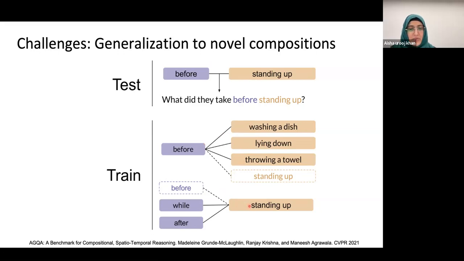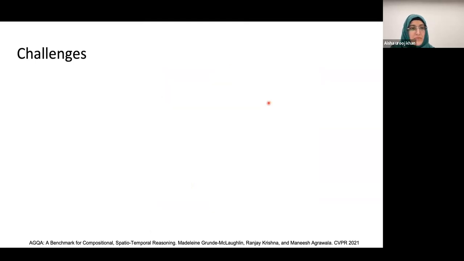Similarly, "standing up" was seen with some other concepts, but both of them were never seen together at training time. But at test time, we combine these together in a question and see if the model was able to understand these 2 concepts separately, and whether the system is able to answer the question correctly.